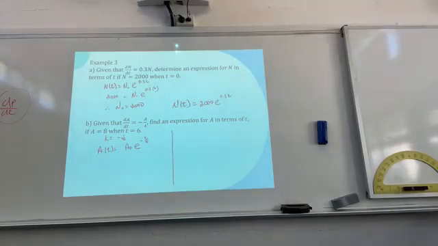Alright, so you can substitute, you know that when t is 6, a is 8. So that's what I do, and then I should be able to work out what A naught is.